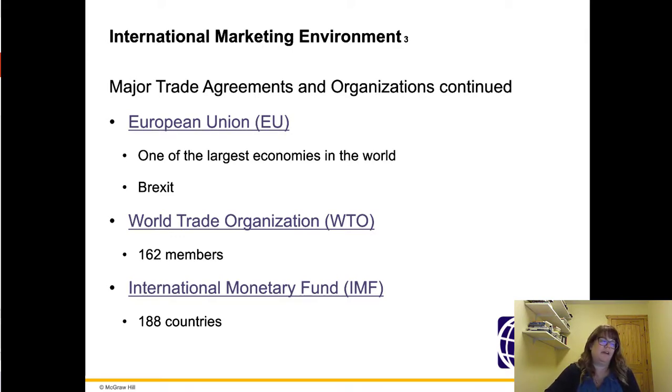And then headquartered in Washington, D.C., the International Monetary Fund, the IMF, works to foster international monetary cooperation, secure financial stability, facilitate international trade, and promote high employment and sustainable economic growth and reduce poverty around the world.